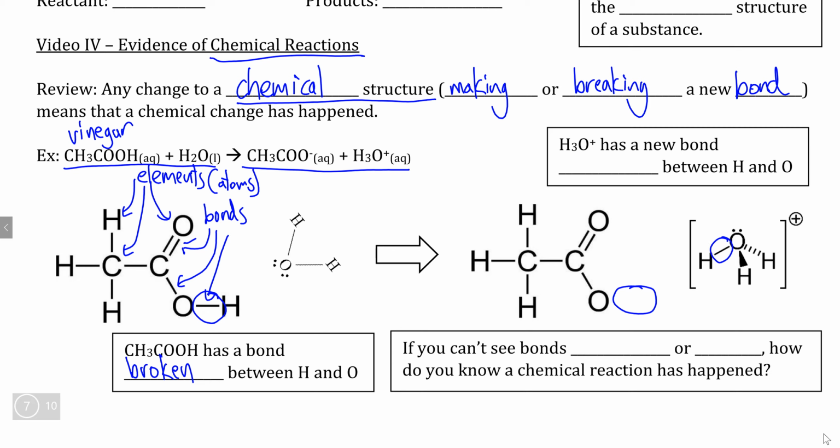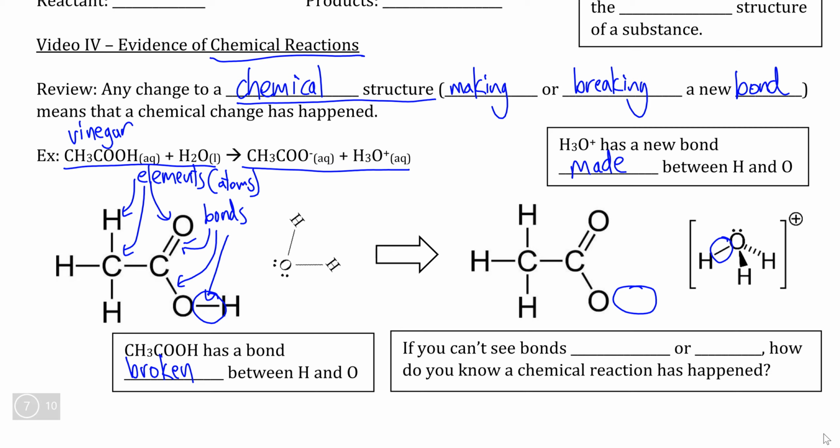So we can see that water's chemical structure changes as well, because we have an oxygen that is connected to two hydrogens, but over here we have this weird looking structure of water, H3O+, that actually has three bonds, meaning that H3O+ has had a new bond made between hydrogen and oxygen.